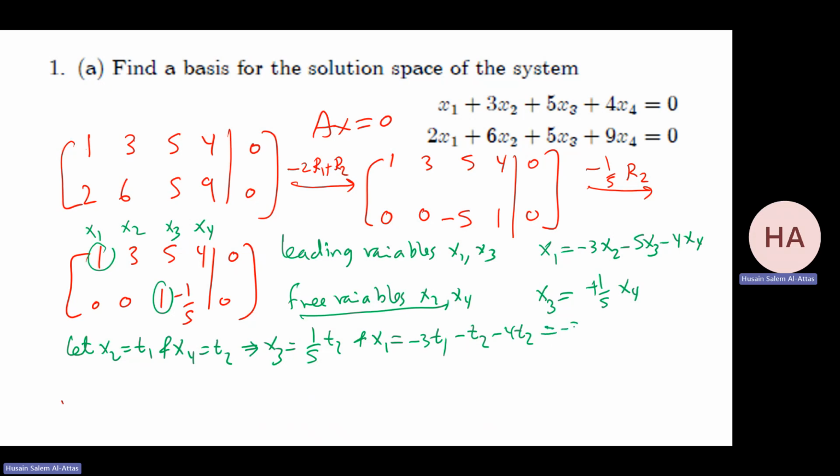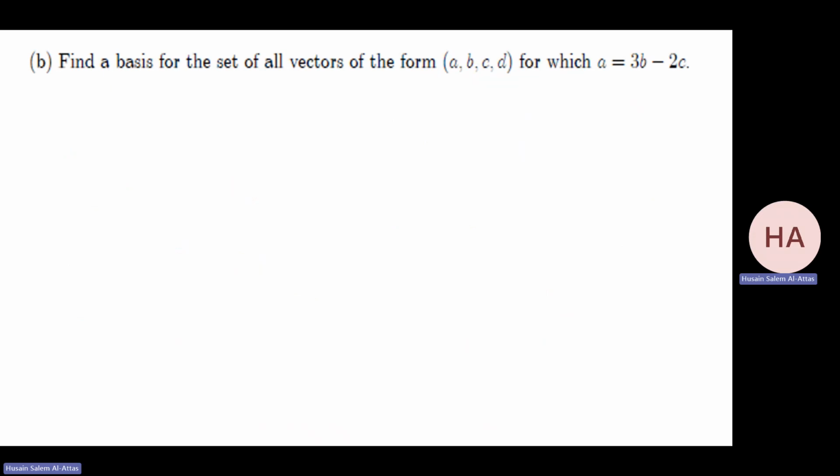So that gives me minus 3 t1 minus 5 t2. So my solution x1, x2, x3, x4 will be minus 3 t1 minus 5 t2, t1, 1/5 t2, t2. Be careful: this is x1, x2 is t1, x3 is 1/5 t2, and x4 is t2.